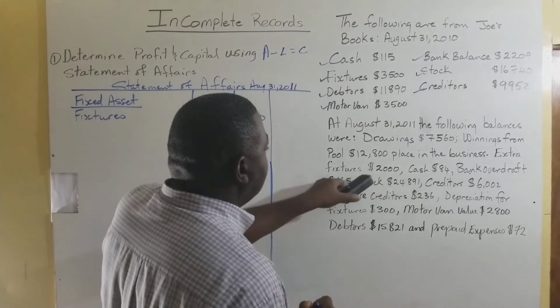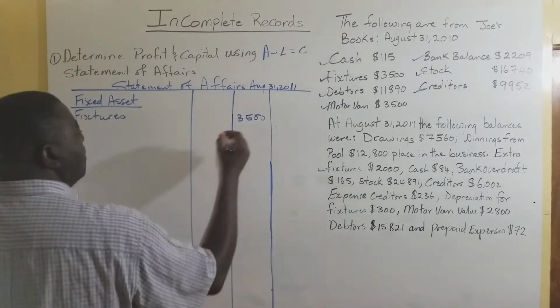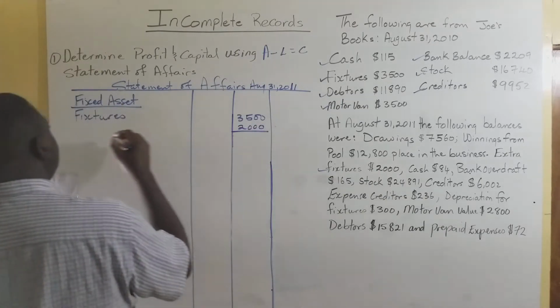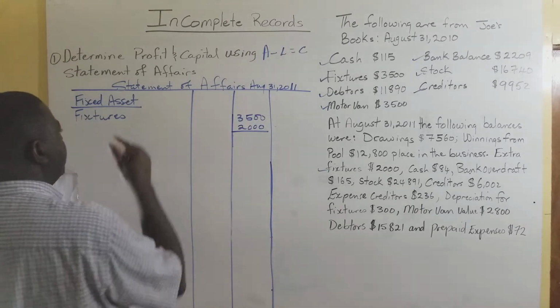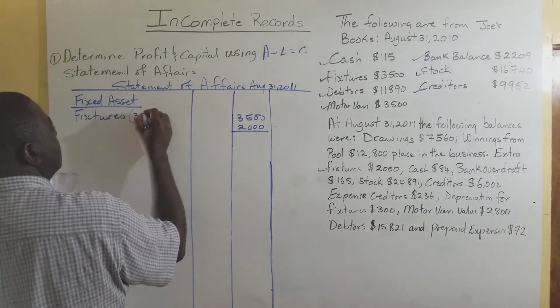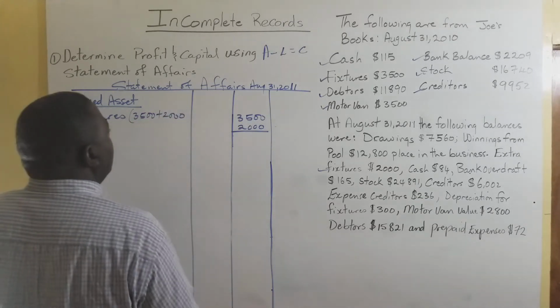And he had extra fixtures, that is right here, extra fixtures of $2,000. So this is the extra. So let me put it here instead. So it is the 3,500 plus the 2,000 rather.